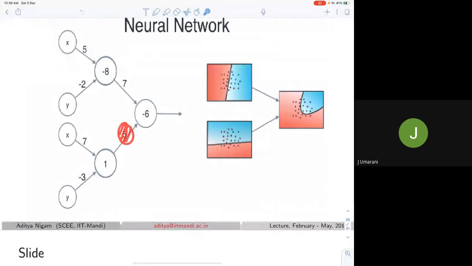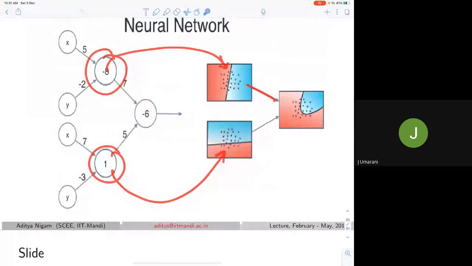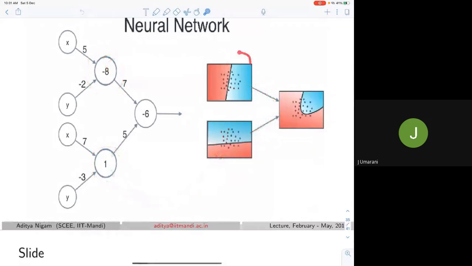This final neuron is trying to combine both of them, because it is learning how much weight I need to give to this neuron's output and that neuron's output. So this neuron is trying to learn something like this, and that neuron something like this. And when I learn a weight by which I can non-linearly combine the decisions of these two neurons, I may actually get non-linear boundaries like this.